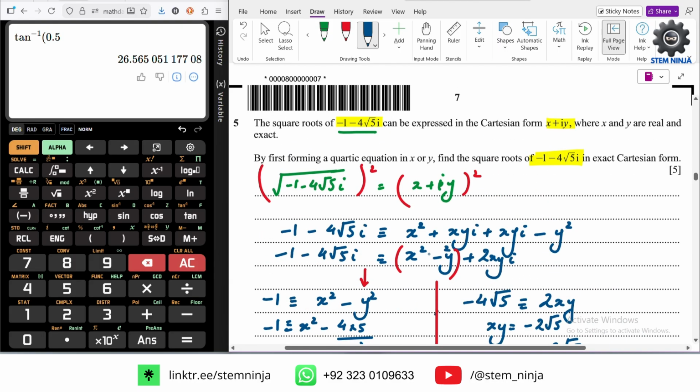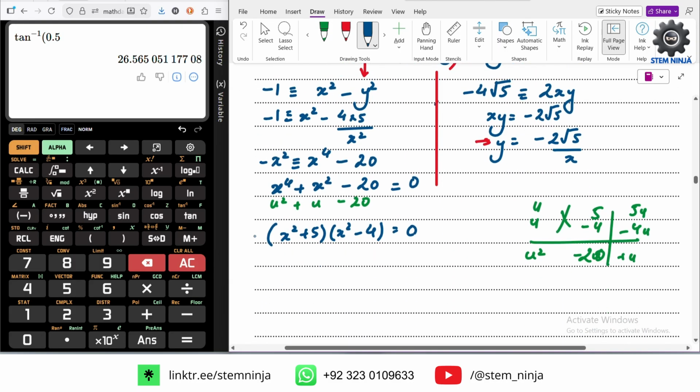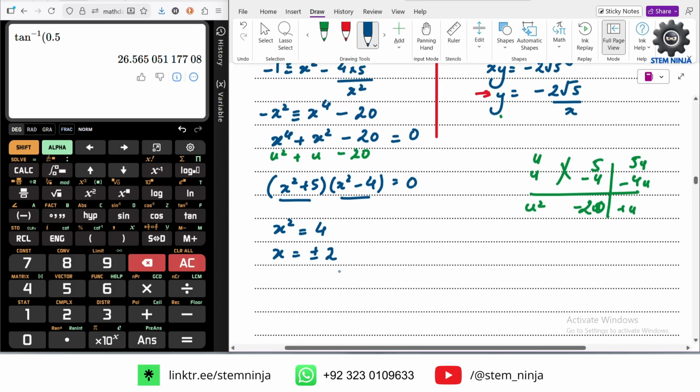Since x and y themselves are real, this equation will not give us the right answer. Only this will get us the correct answer. So x is plus minus 2. So if x is plus minus 2, we can get the corresponding y's. Right?